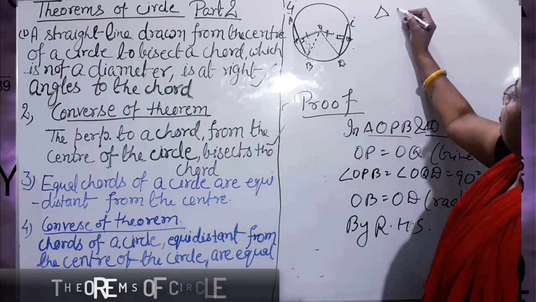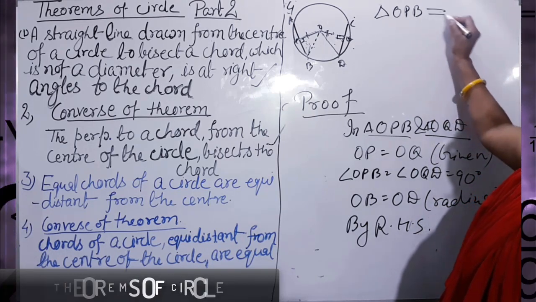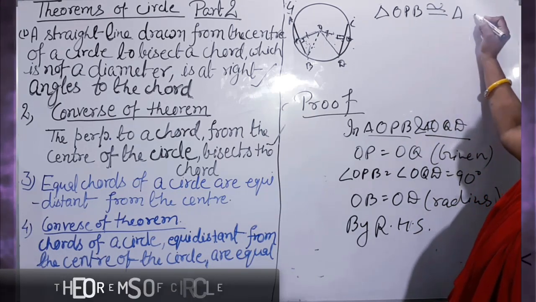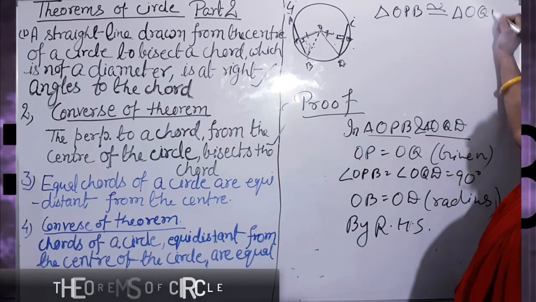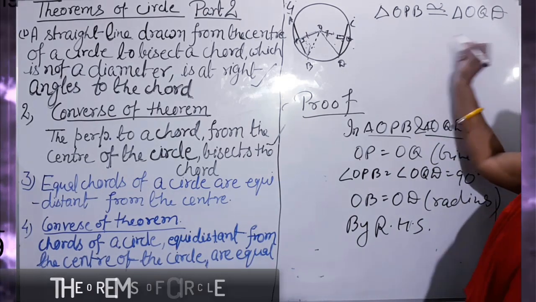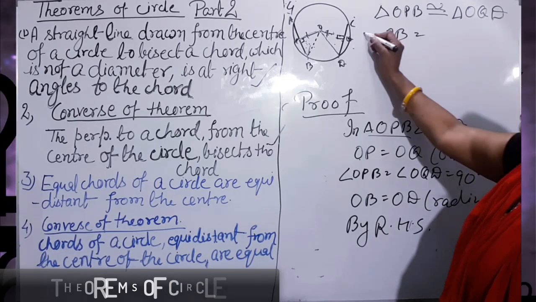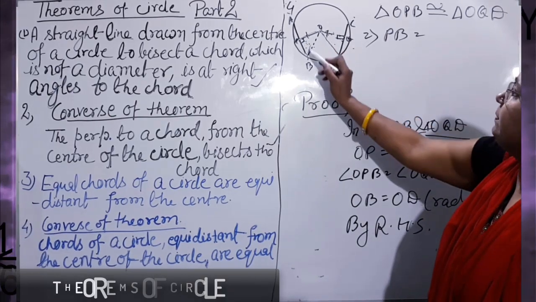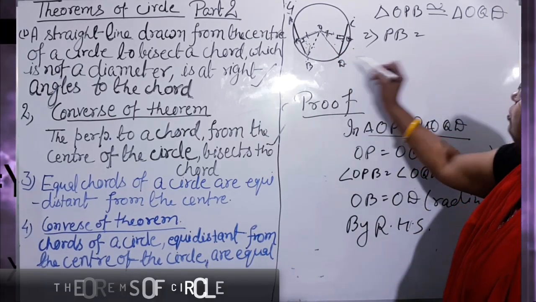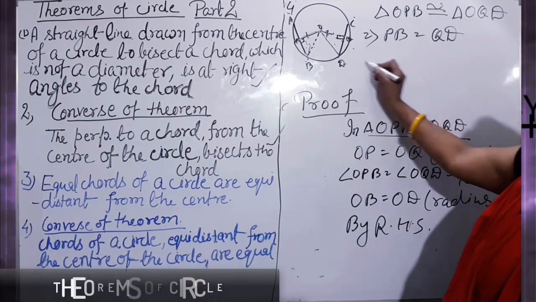By RHS, triangle OPB is congruent to triangle OQD. Both are congruent, so by CPCTC PB is equal to QD.